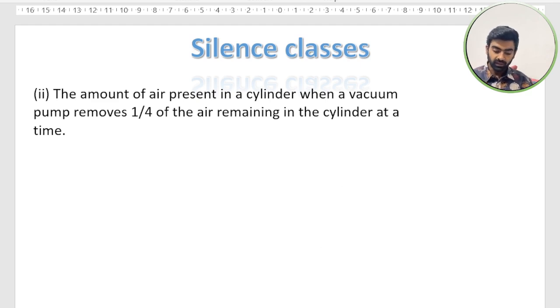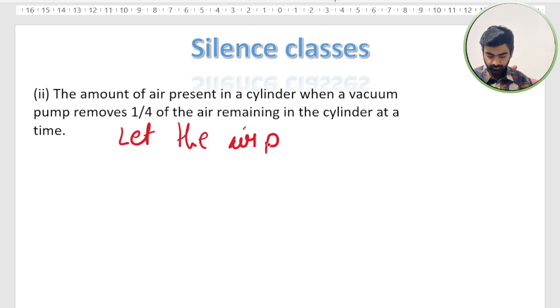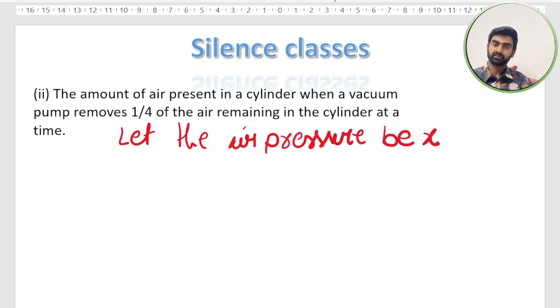the amount of air pressure is not given. So what we can take is, let the air pressure be x. How much is removed? 1/4 of x is removed.